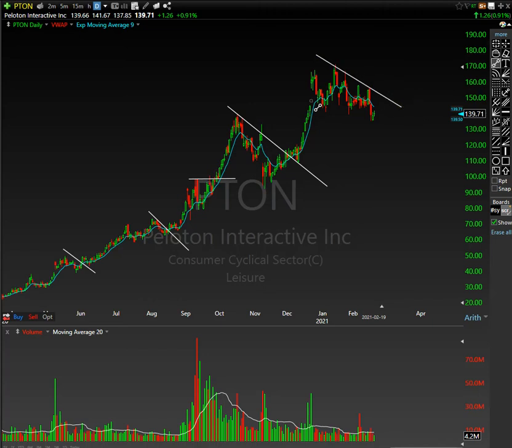So the pattern that you're seeing here, and you can go on any chart, and this is the same thing that you will see on the bullish side, and flip it upside down for the bearish side, is that price action on the long side will move up, and then it needs to take a break. It moves up, takes a break, moves up, takes a break, so on and so forth. And right now, it's moved up and it's taking a break.